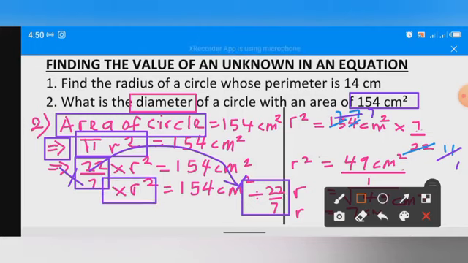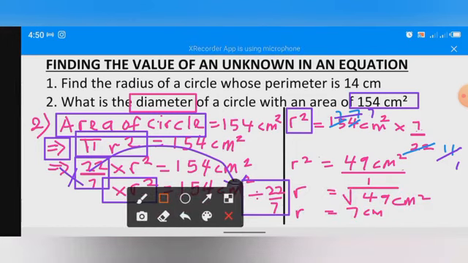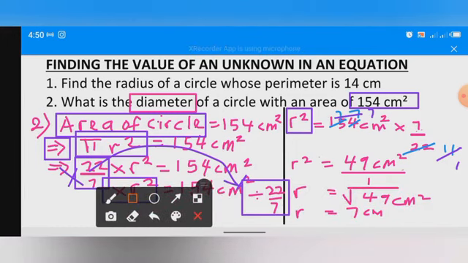Times r squared is the same thing as r squared. When there is no sign in front of a number, it is either multiplication or addition. Times 4 is the same thing as 4, times 100 is the same as 100. Now we change the division sign.